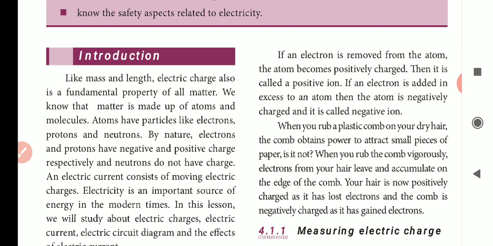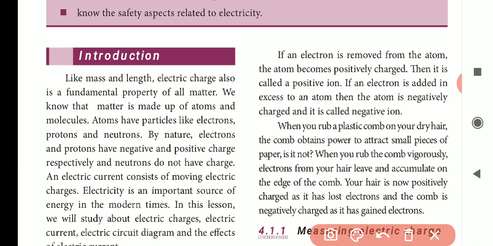If an electron is removed from the atom, it becomes positively charged. Whatever atom you take, if you remove an electron from it, the charge is positive. Then it is called a positive ion.